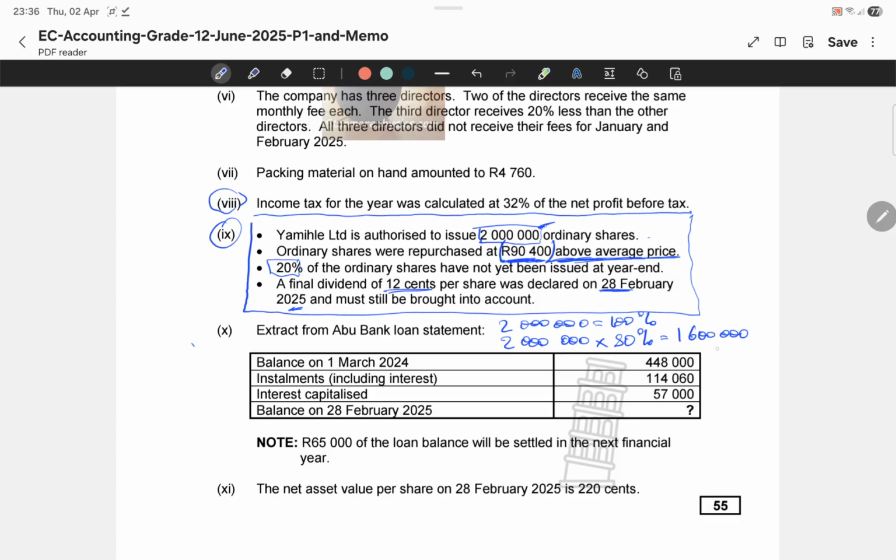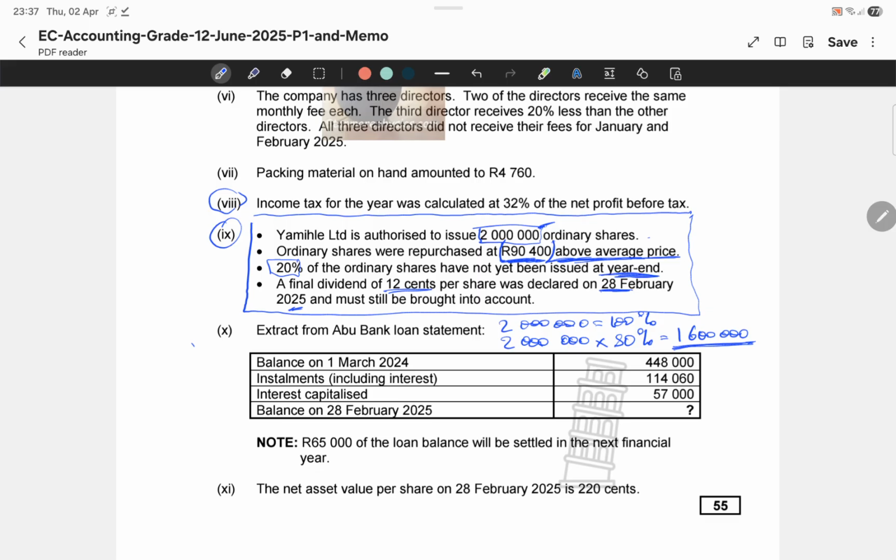Then we calculated, we got 1,600,000. Okay, with this 1,600,000, since they said 20% of these were not issued at the end of the year. Okay, end of the year.